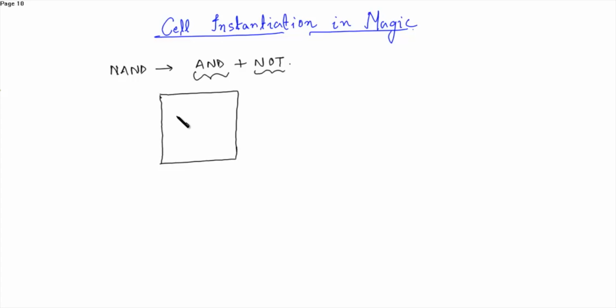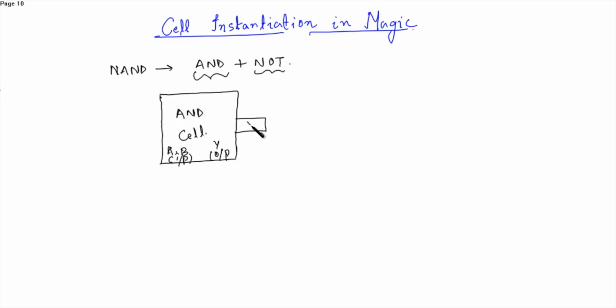So if we call the AND cell, it has two inputs, A and B, and Y is the output.